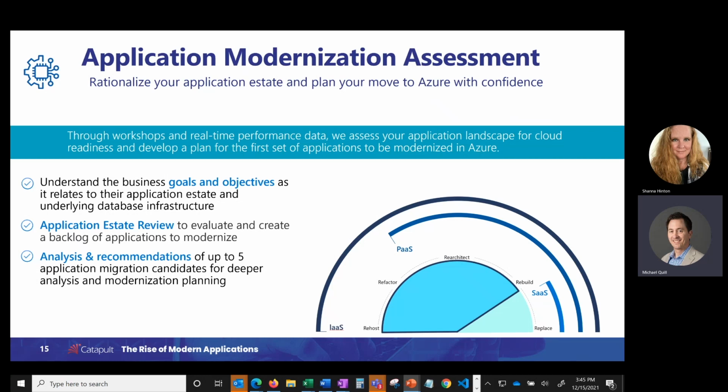And we'll help you make some recommendations about which applications might be the right ones to start with and how to start. Are you throwing it away and starting net new in the cloud, or are you making some very distinct changes to parts of the app to better modernize and meet the needs of your business? But that's just one of the ways we can help.